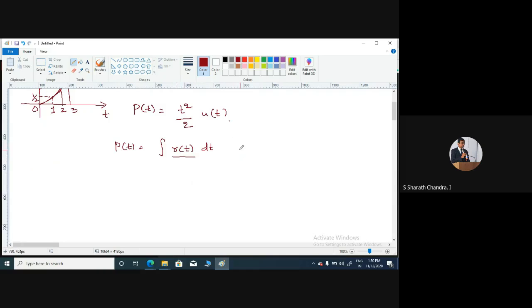Since r of t can be represented in terms of u of t as an integral over it, therefore I can also write it as double integral over u of t dt. And since you know r of t, which can be written as integral of t dt, I can write this as t square by 2 for all t greater than or equal to 0. As your r of t as well as u of t exist only for t greater than or equal to 0, similarly p of t will also exist for t greater than or equal to 0.